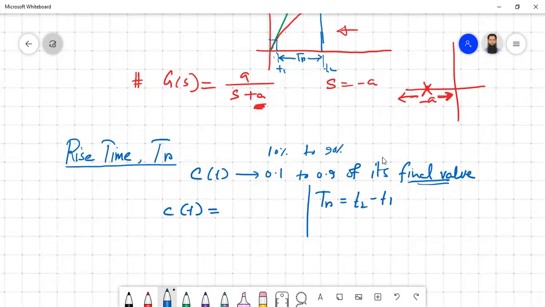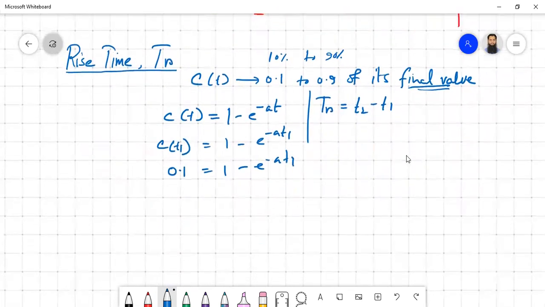But the formula that we already know, C(t) is equal to 1 minus e to the power minus at. So say C(t1) equal to 1 minus e to the minus a t1. So C(t1) is nothing but 0.1 equal to 1 minus e to the minus a t1. Okay, so basically e to the power minus a t1 will be 0.9.